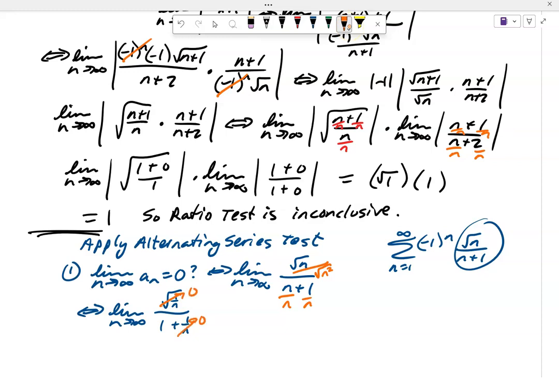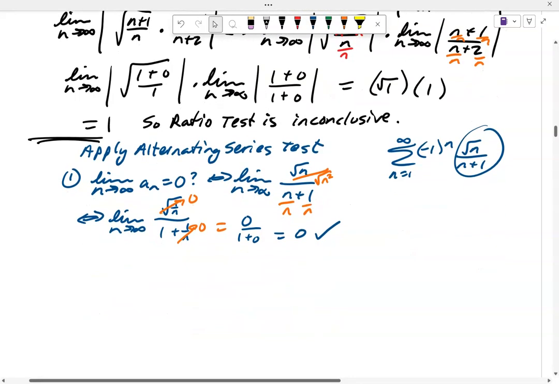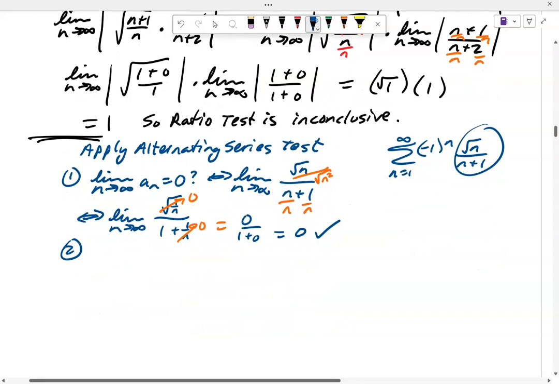So I got 0 over 1 plus 0. So it does equal 0, so that's okay. First one's good. Second part of the alternating series test is: is the next term less than or equal to a_n for all n?